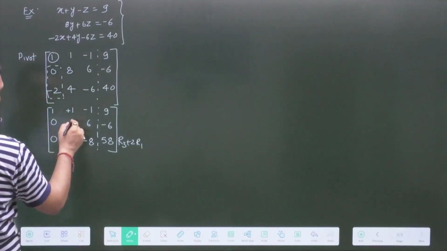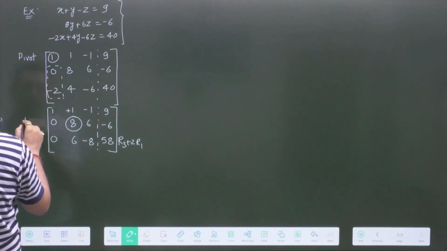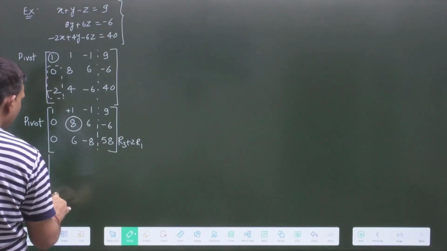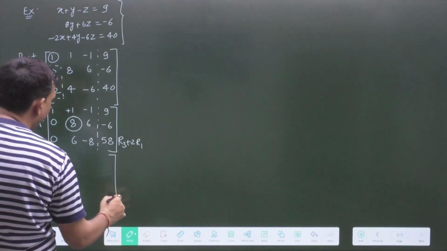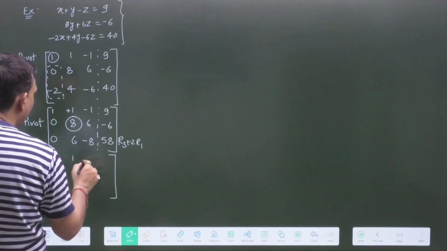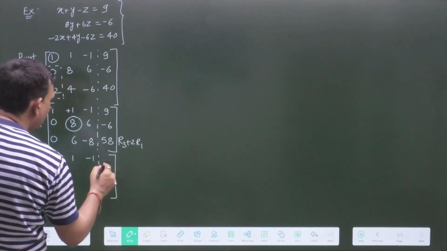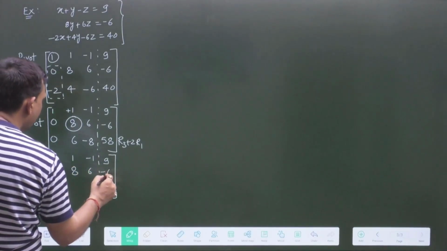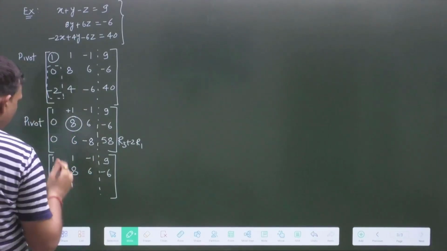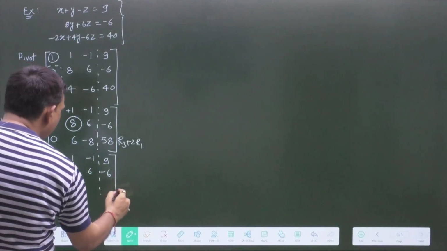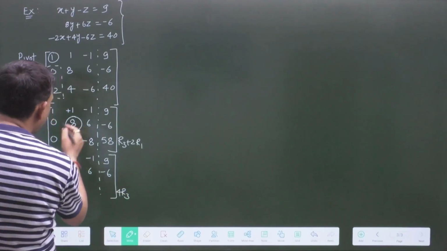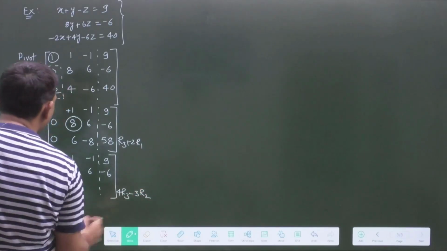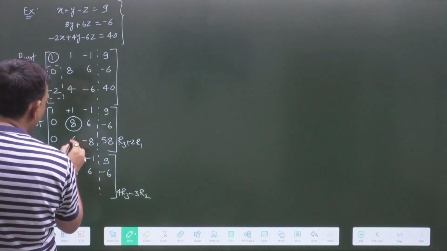Next step: in this case, what will you do? This is 1, 1, minus 1, 9, 0, 8, 6 and minus 6. So let's multiply R3 by 4, and then R2 by 3, giving 4R3 minus 3R2. So this will be 24, this will be 24.